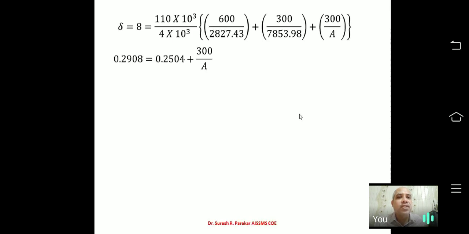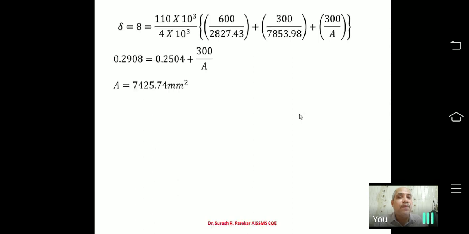Now if you calculate 600 upon 2827.43 plus 300 upon 7853.98, then you will get the value as 0.2504 plus 300 upon A. Now this 0.2504 you can take to the left side, and then from this you will get the value of A, that is equal to 7425.74 millimeter square.